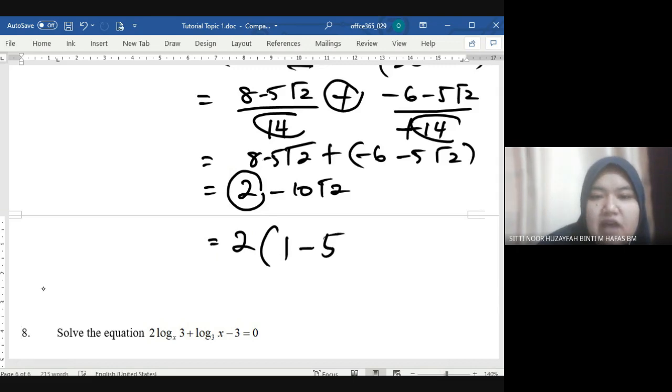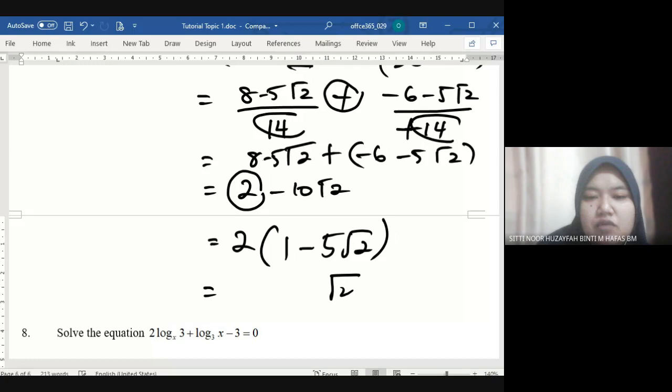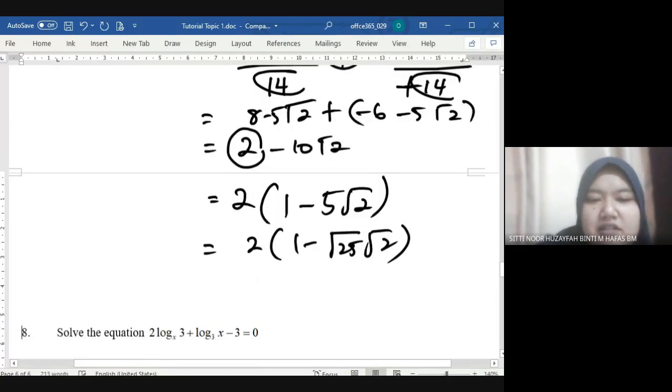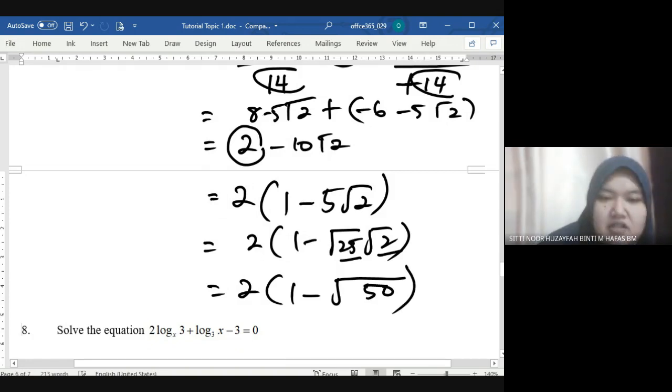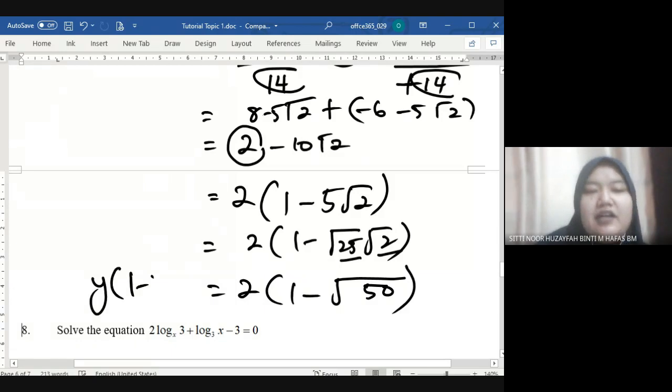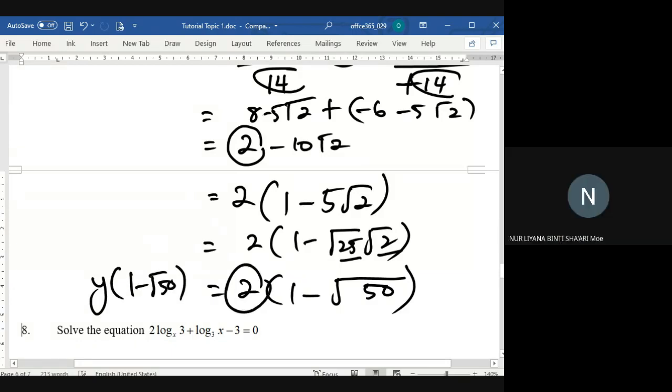That's why we will have 5. So 2 multiplied by 5 will be 10. So we are left with 5√2. So what is 5√2? If we write it in the form of a square root, it will be √25 multiplied by √2, which is the same as 1 minus the square root of 25 multiplied by 2, which is 50. So, what is our y? y is equal to 2.